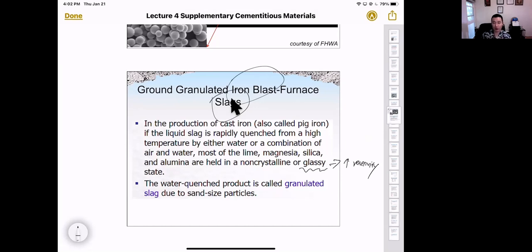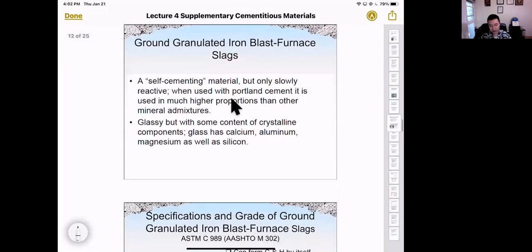The water quenched product is called granulated slag because the particle size is similar to sand. Due to high calcium oxide percentage, okay, slag has self-cementing properties or cementitious properties, which means it can form CSH by itself, but the reaction is slow.